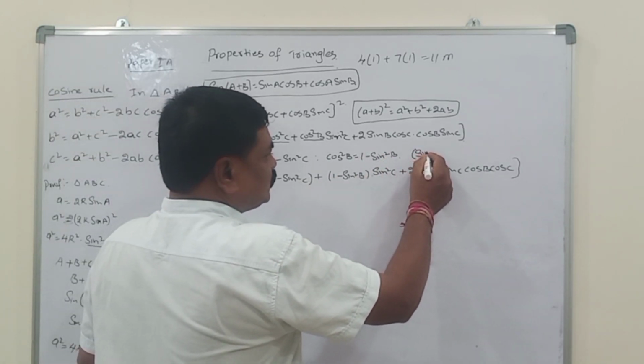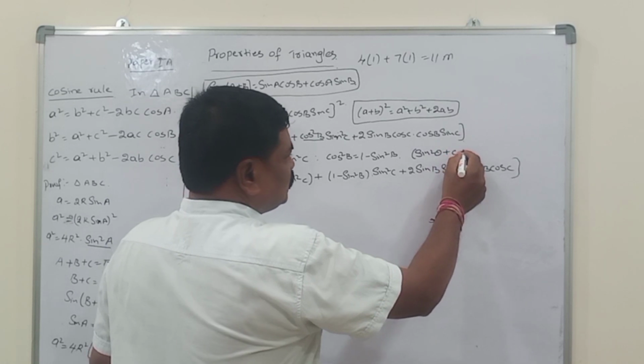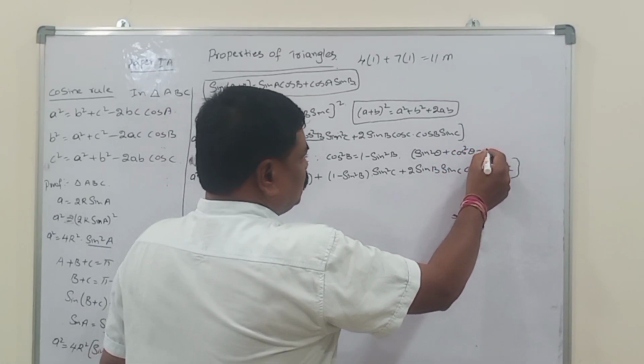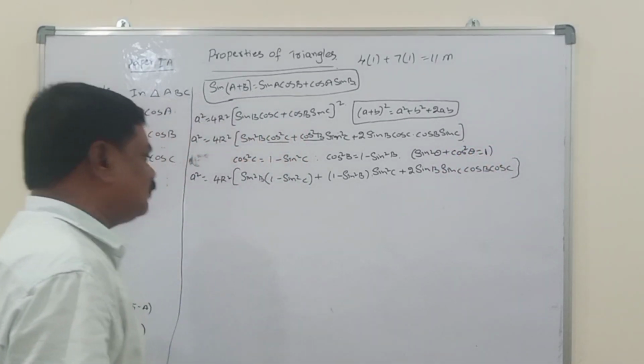Because sin square theta plus cos square theta is equal to 1.